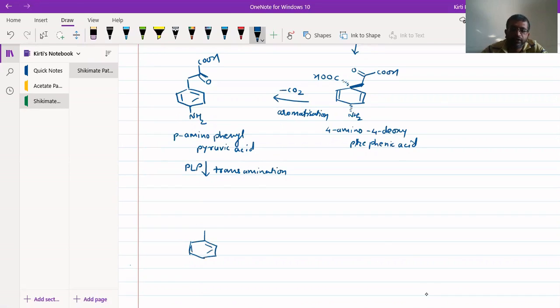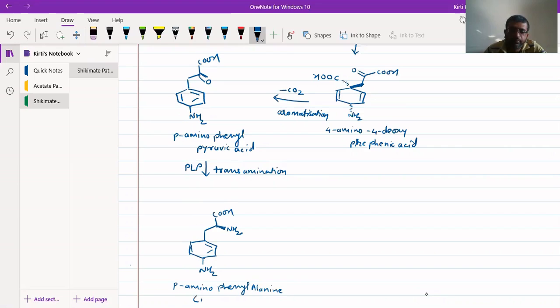So we will have here NH2 and here COOH and here NH2. So we will have para-amino phenylalanine. Para-amino phenylalanine we will get.